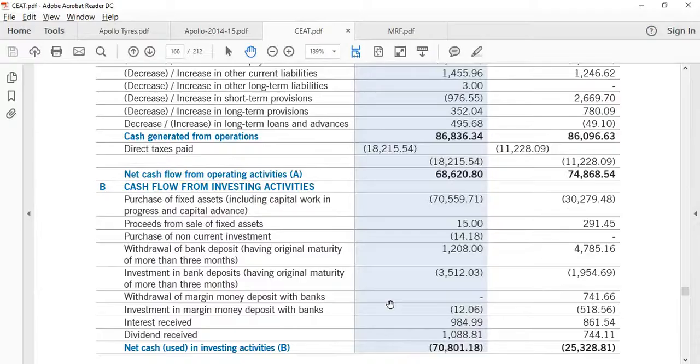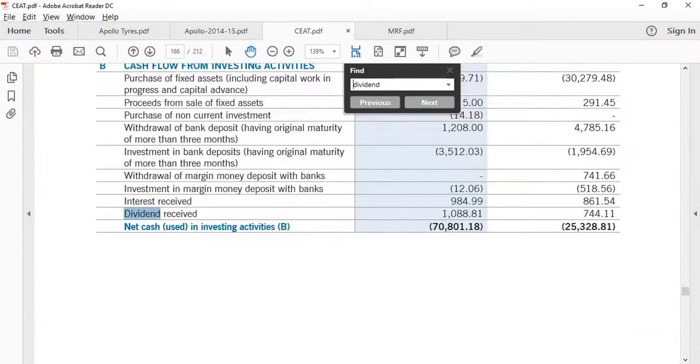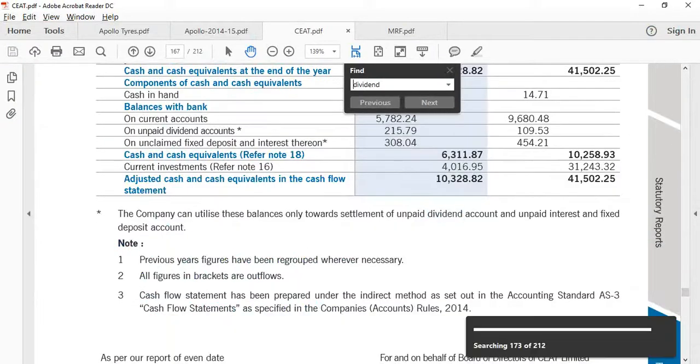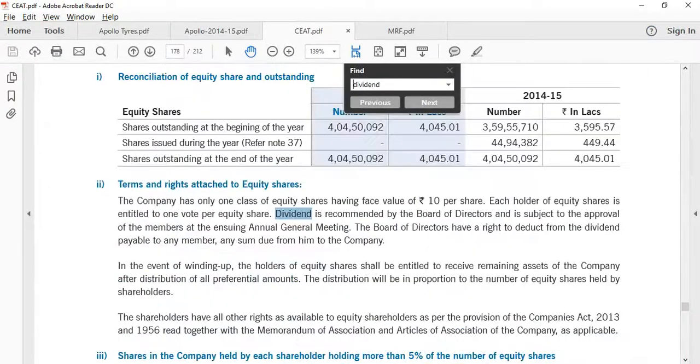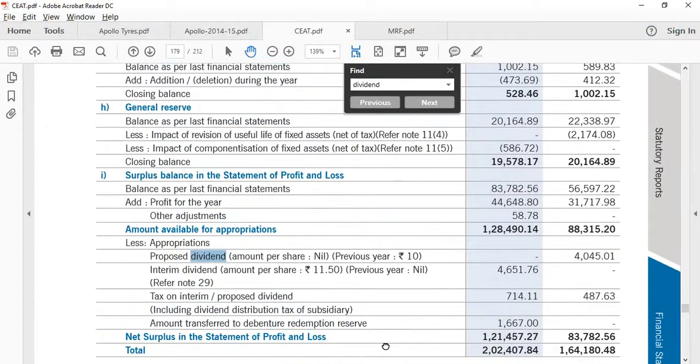Let's see what kind of dividend they have paid. Once again, we will search for the dividend item and try and figure out the data. Yeah, so proposed dividend amount per share. This year, they have not really given any dividend as final dividend. Interim, they had given 11.5 rupees per share.